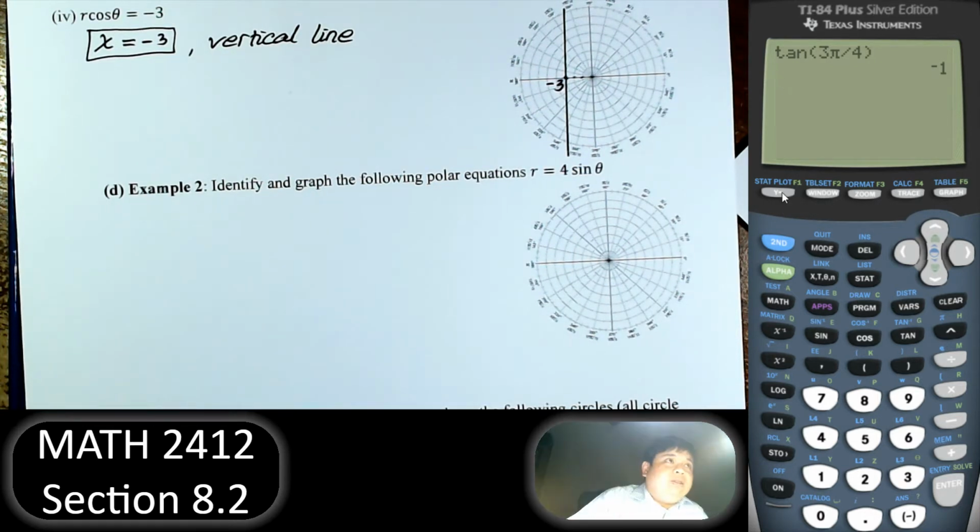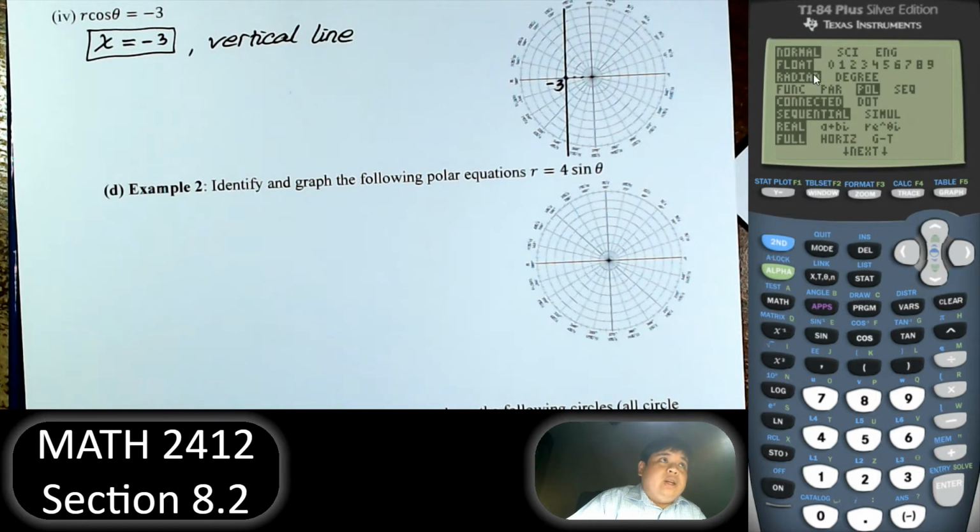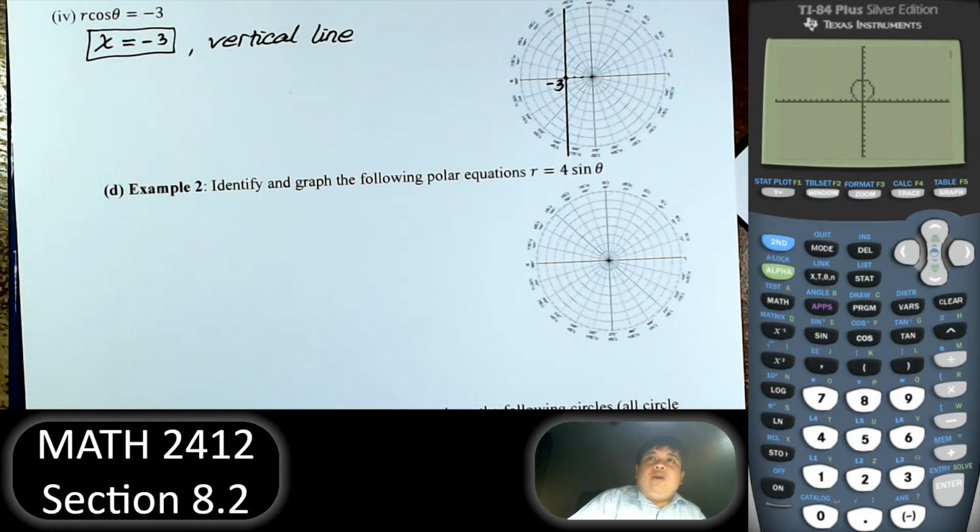So let's graph 4 sine of theta. Once again, make sure you are in radian mode. Graph. So I have a circle.